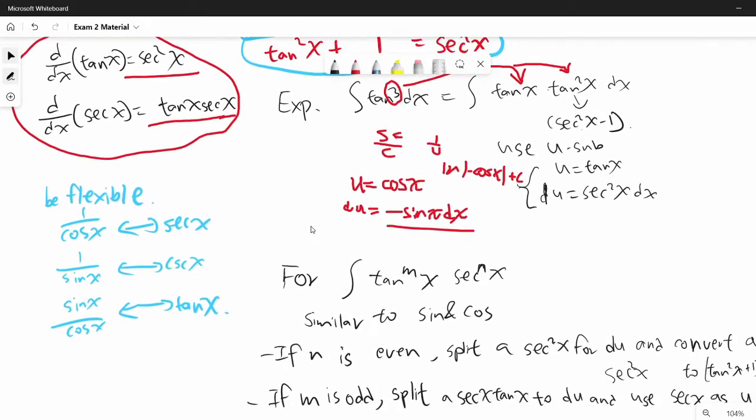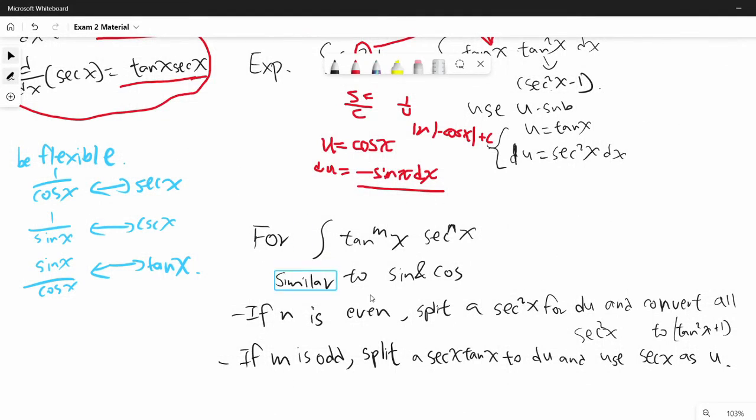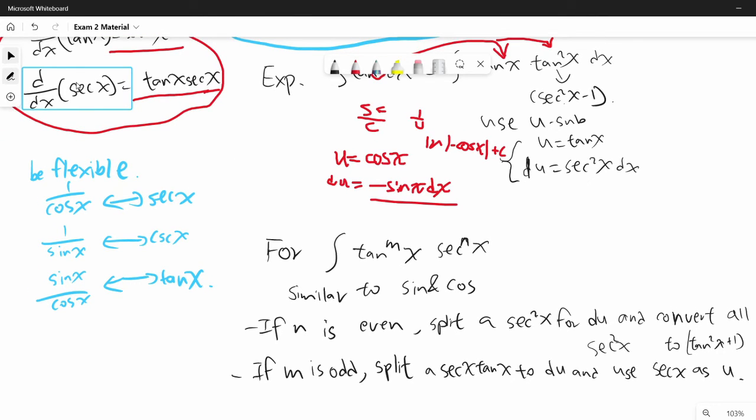That's kind of what I talked about, similar to sine and cosine. And then the other part is if you have an odd power, then you can consider using secant x as a u, because you can have secant x tangent x as a du.